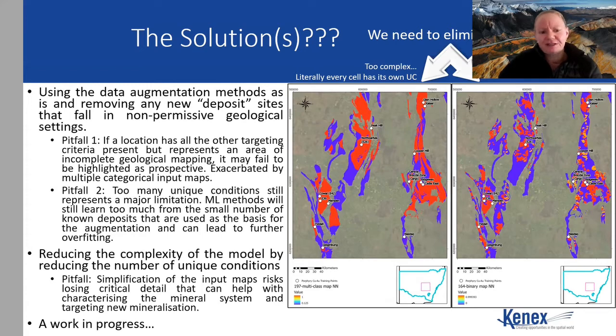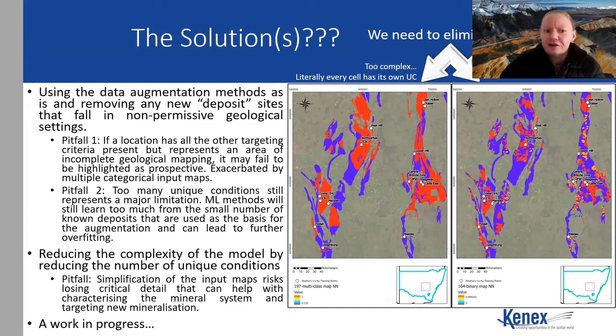The second pitfall to that is we still run into the problem where there's too many unique conditions and we still don't have enough training data, right? Because these augmentation methods are still learning too much from the small number of known deposits that are used as the basis for that augmentation. So say we start out with 15 porphyry copper gold occurrences, want to augment that to 150.